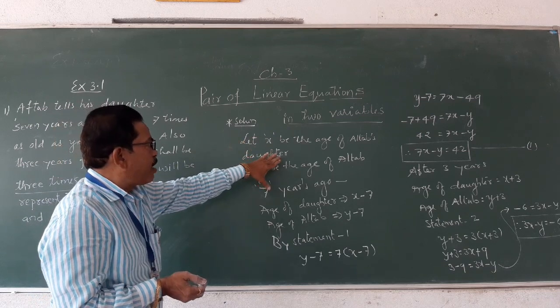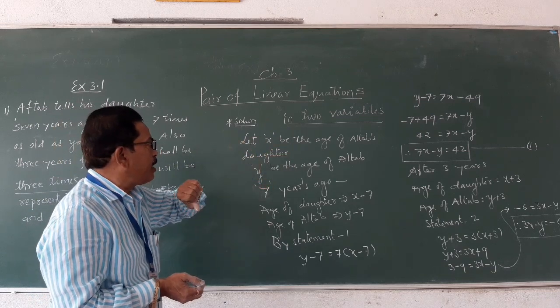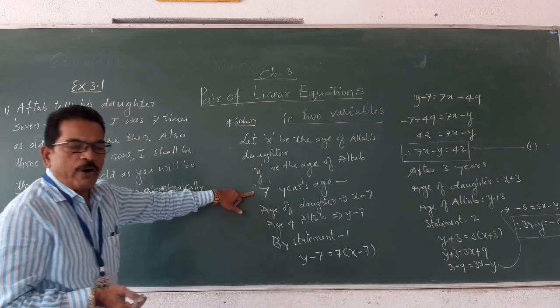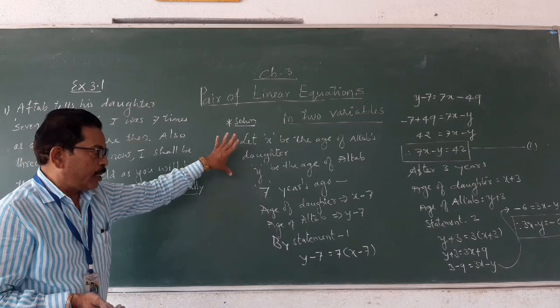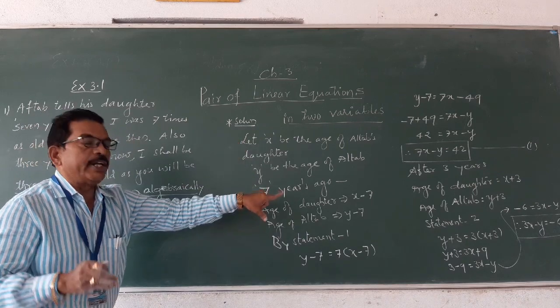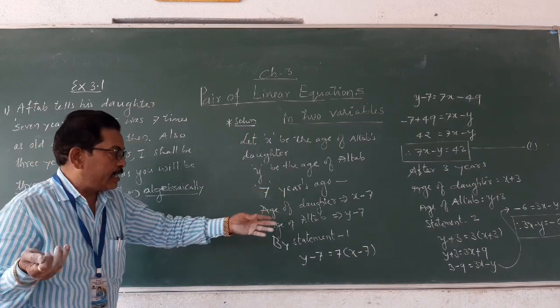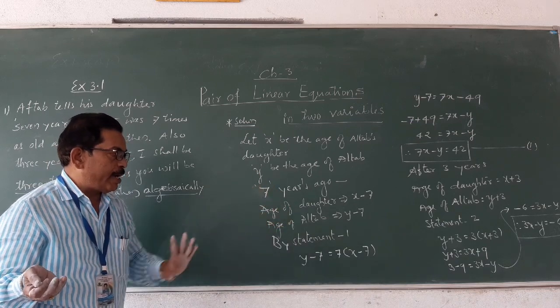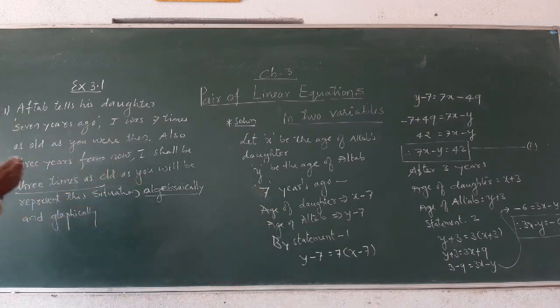So, here we have considered that let x be the age of Aftab's daughter, y be the age of Aftab. Seven years ago, we have to find the age of both. Age of daughter 7 years ago, that means x minus 7. Age of Aftab, y minus 7. In the problem, there are two statements. Before 7 years, he was 7 times. After 3 years, he is 3 times.